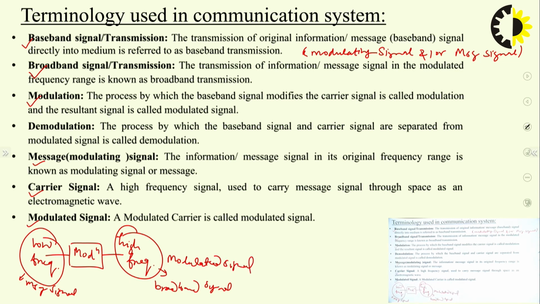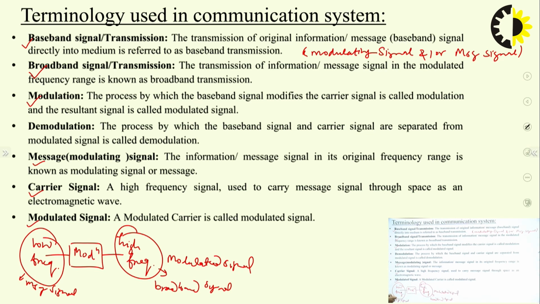We have different kinds of definitions of modulation. First, it converts the low frequency signal into the high frequency signal. It converts the baseband signal into the passband signal or broadband signal or modulated signal as well, or it converts the modulating signal into the modulated signal as well.